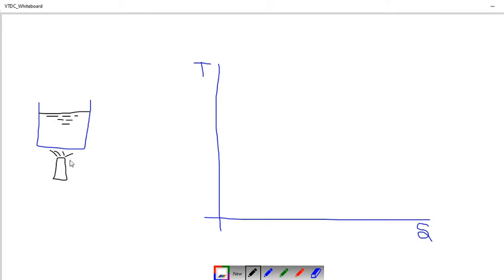So this is the heating of water, and as in our example this water is open to the surrounding, assume that standard atmospheric pressure acts on it. Now as water has an initial temperature and entropy, we can locate its state by, suppose, point number 1.